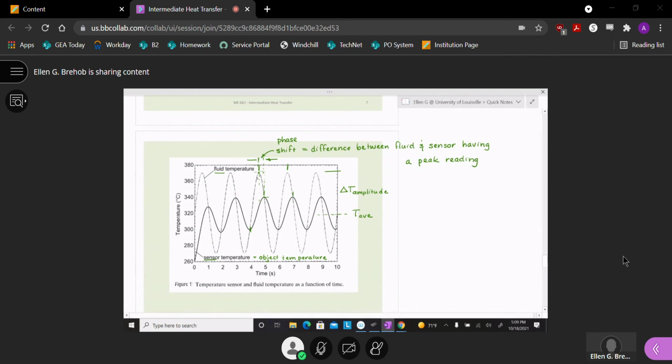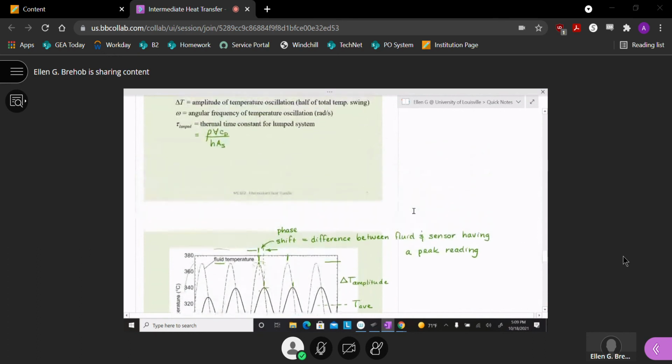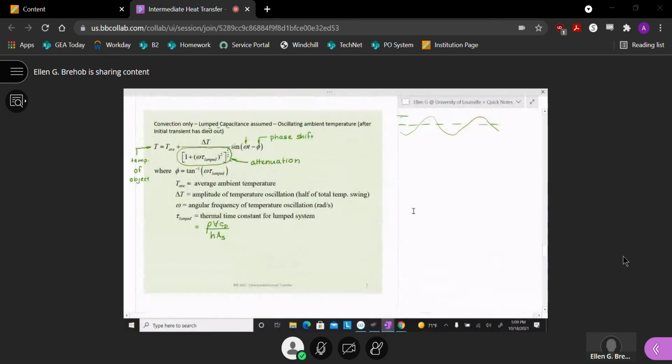So I don't show how you can handle the startup period, but once it hits its steady state behavior, the equation that we had on the previous sheet will allow you to calculate the temperature of the object relative to what the fluid temperature is doing.